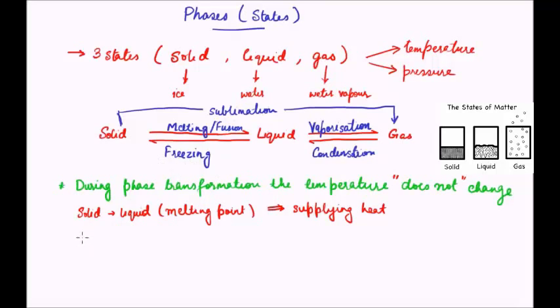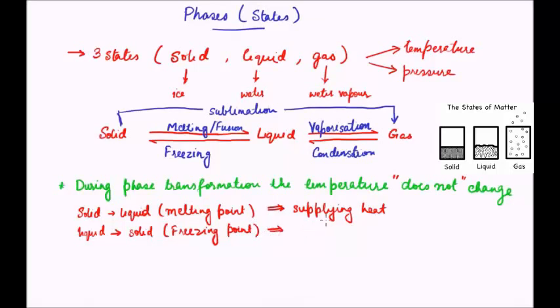the term used for the temperature at which freezing takes place is called freezing point. So let me write it. Liquid to solid is called freezing point. And to freeze a material, heat is extracted from the material.